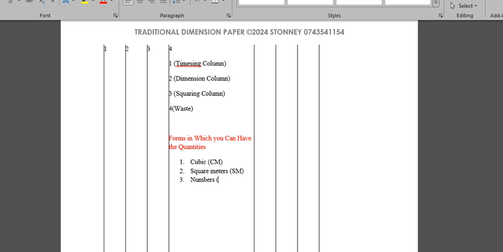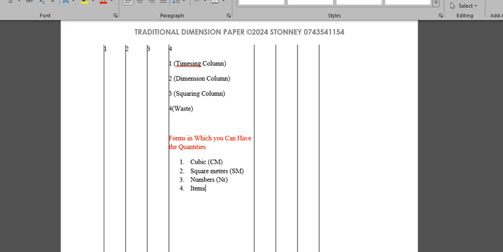Okay, now these are the ones that we said you can do what you call enumerated, for those items that the standard method is stating that you need to do the measurement in numbers. So in that case, you can have what we call numbers. Okay, then you can also have items. There are those items, for instance, when you're talking about the substructure levels.